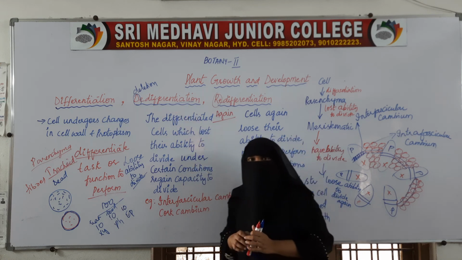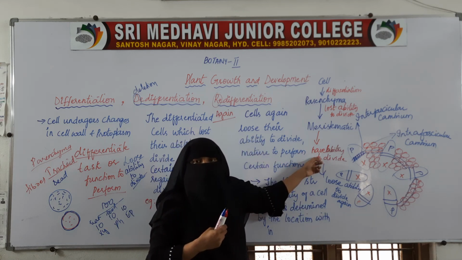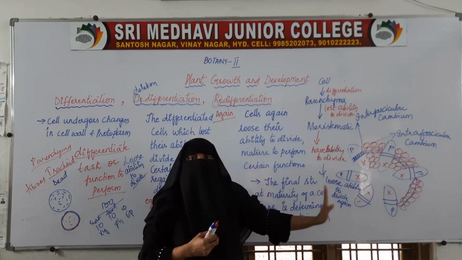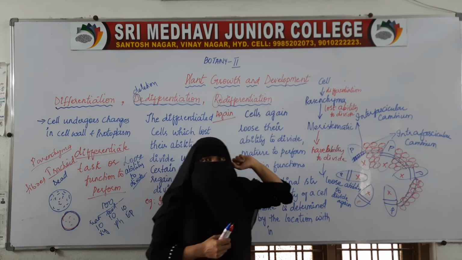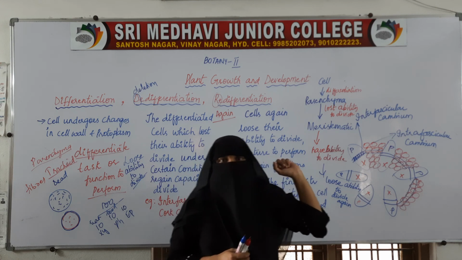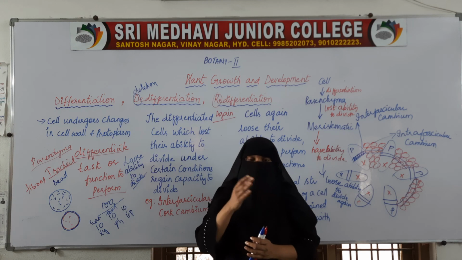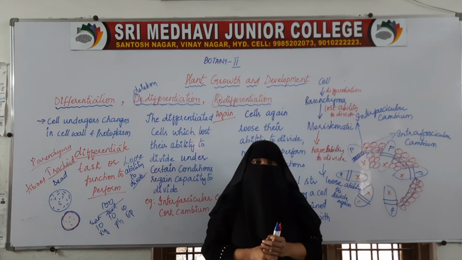And these newly regained cells which have gained the ability to divide will again divide, and then get differentiated again. That process is called re-differentiation. Be clear in this. So we have seen what is differentiation, that is assigning a particular task or special function for a cell to perform. In the next class, we will see what are growth regulators.